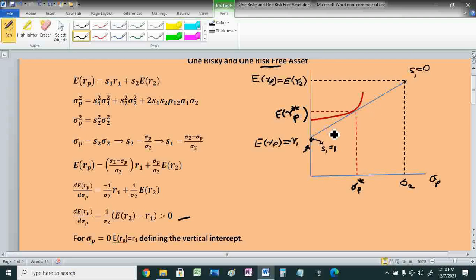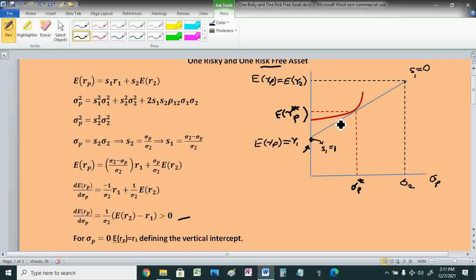If I put S1 equal to 1, then this means that I am allocating all of my savings to the risk-free asset, and if I put S1 equal to 0, then this means that I am allocating all of my savings to the risky asset.